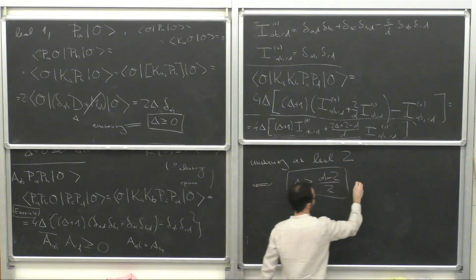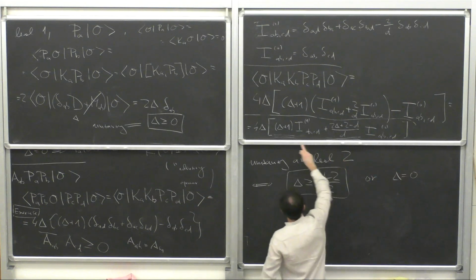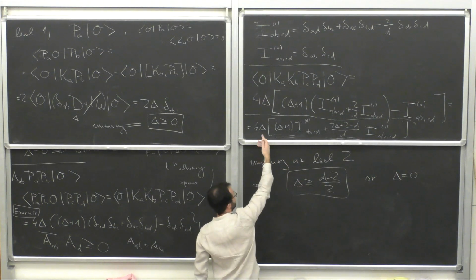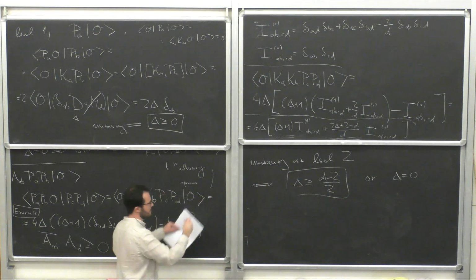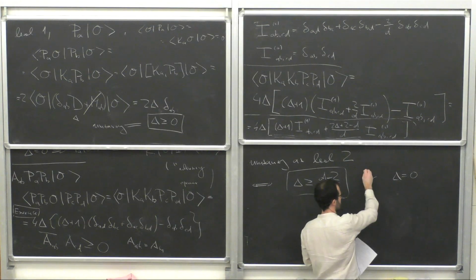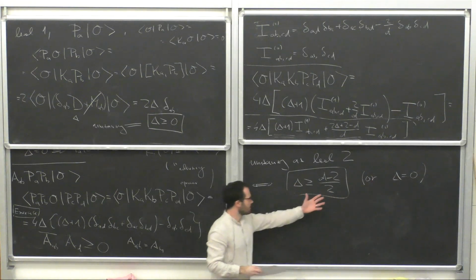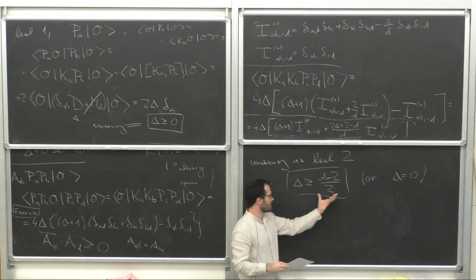Well, or delta is 0, right? Because if delta is 0, then there's a 0 multiplying the whole thing, and the whole thing is non-negative, so it's fine. But we already dealt with this case. That's just the one-dimensional trivial representation, so let's forget about it. And okay, so here it gets something interesting because this number we have already met before is the scaling dimension of the free field.